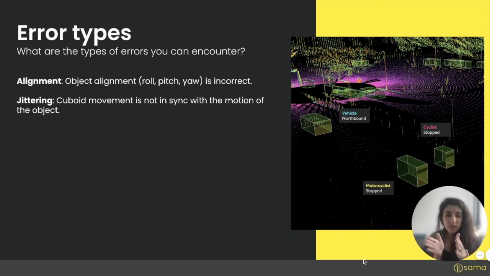When you're changing directions, the cuboid is moving, but it's also changing the position, right? So you need to rotate that cuboid while it's also moving. That's a common mistake that could happen during annotation, that you haven't really changed the direction of travel while the cuboid is moving.